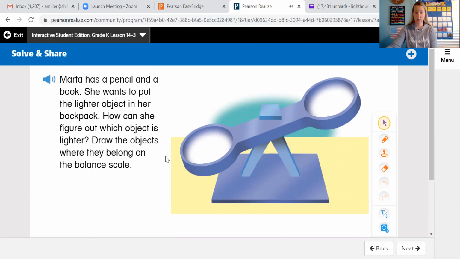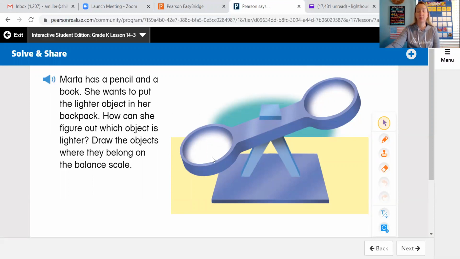Okay, so this one is a little bit harder without being in school and showing you guys an actual scale. But I can tell you, if you put two objects on a balance scale, one on this side and one on this side, the one that is heavier will make the balance scale go down.